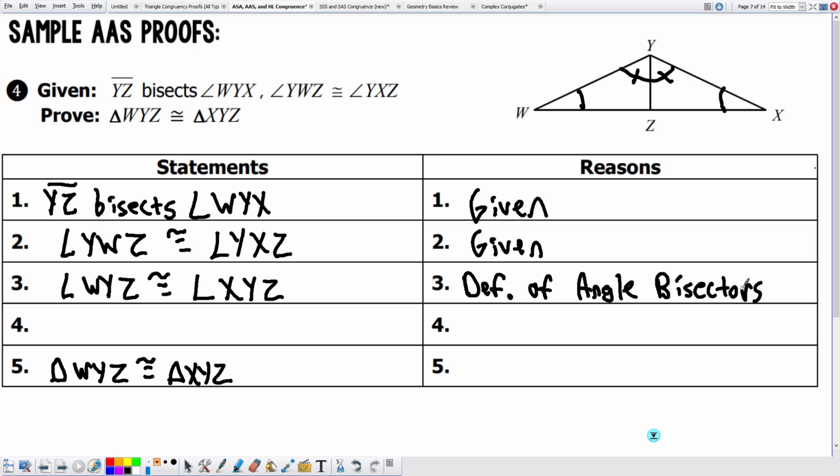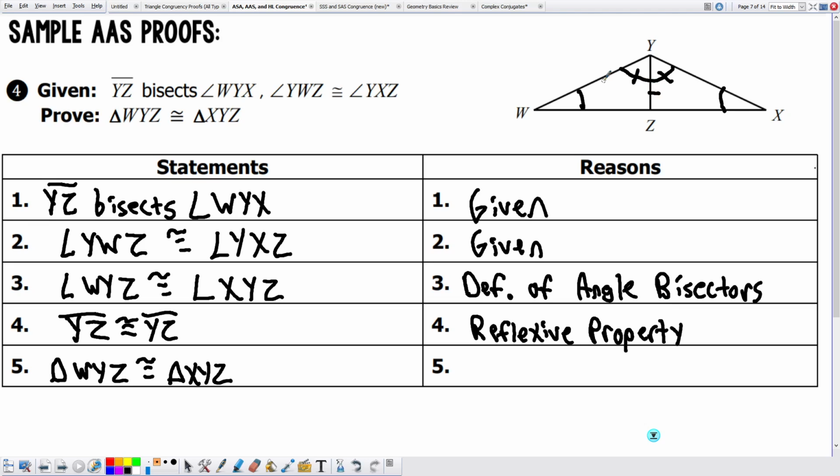And then we have that wonderful property that we always like to use where the two sides are the same, so YZ is congruent to YZ. That being the reflexive property. Right there.